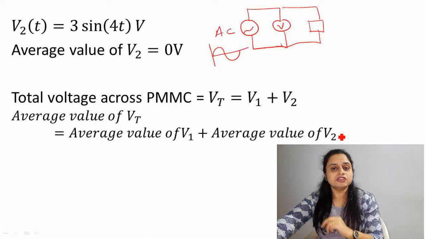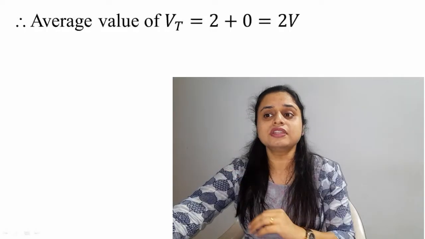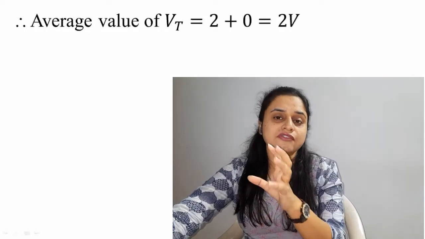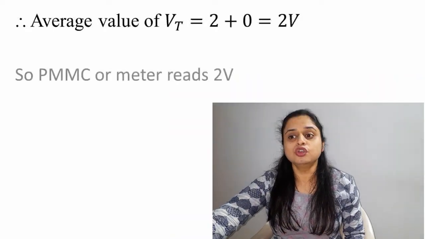And what will be the average value of V2? That is 0 volts. When we substitute these values, we get the average value for the complete meter as 2 volts.